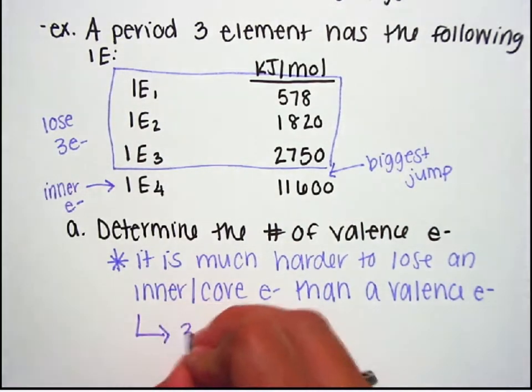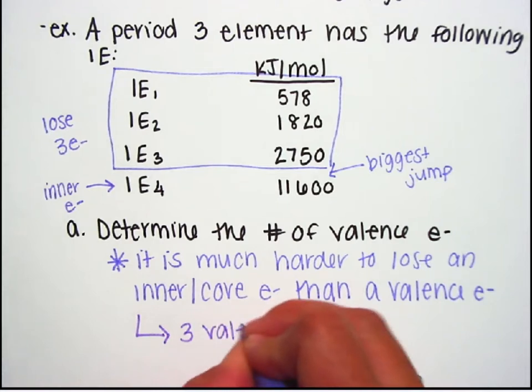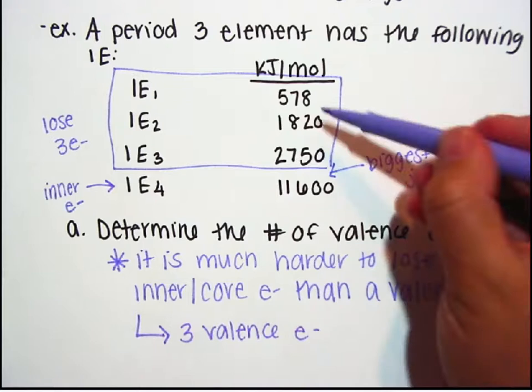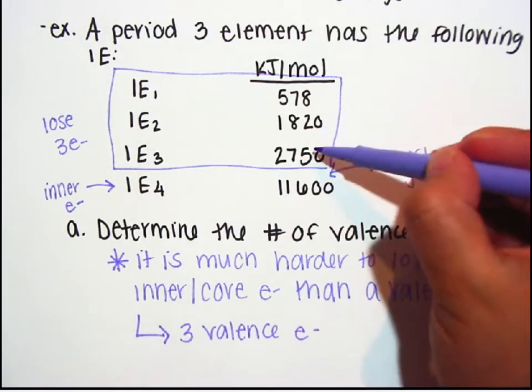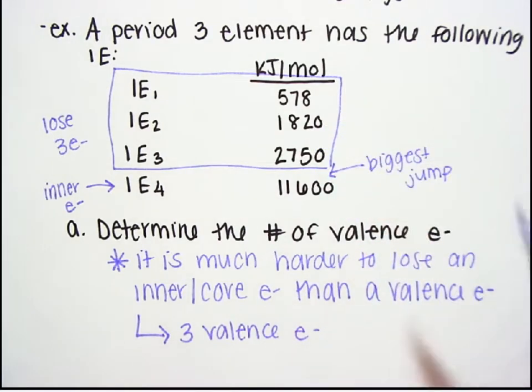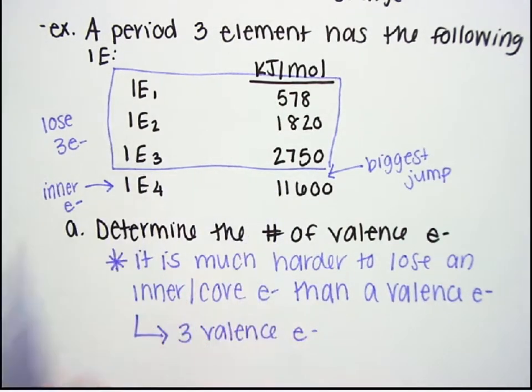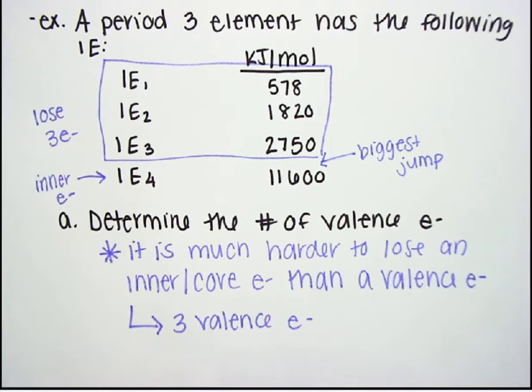So that leads to the conclusion that this element probably has 3 valence electrons. We can pretty easily lose the first 3. Once we get to the 4th, it's going to take a whole bunch of energy. That means that the 4th electron is probably an inner core electron.